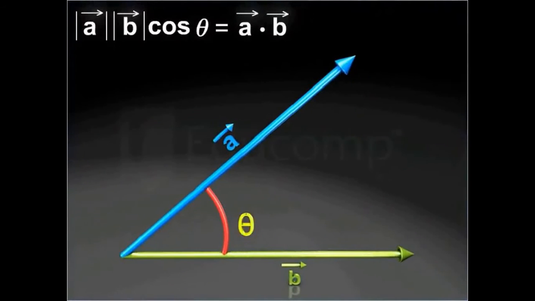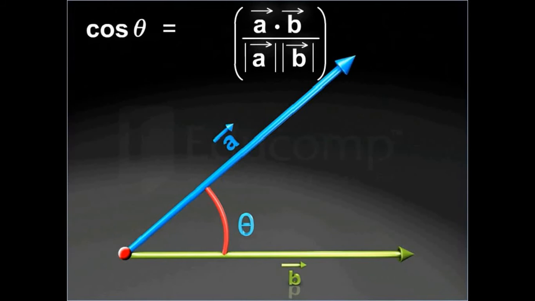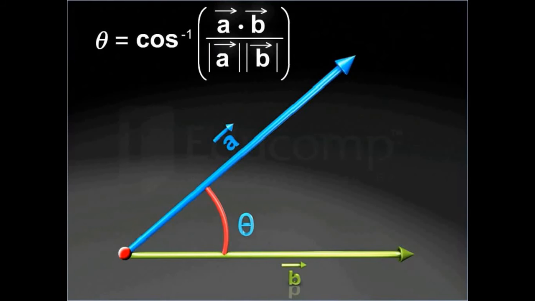If you are given two vectors A and B intersecting each other at the initial points, then the angle between them is given by cos inverse of vector A dot vector B upon magnitude of vector A into magnitude of vector B.